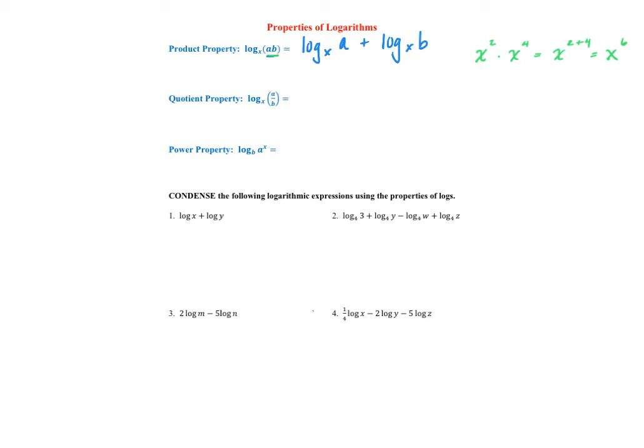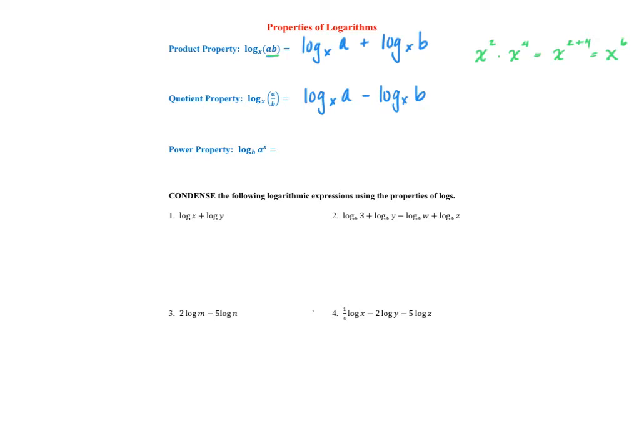All right, let's look at a quotient. So when you're focusing on a log expression that has a quotient in the argument, each one of those values is going to get its own log again, but you're going to write it as log base x of A minus log base x of B. Now you see that same relationship when you're working with exponential expressions.